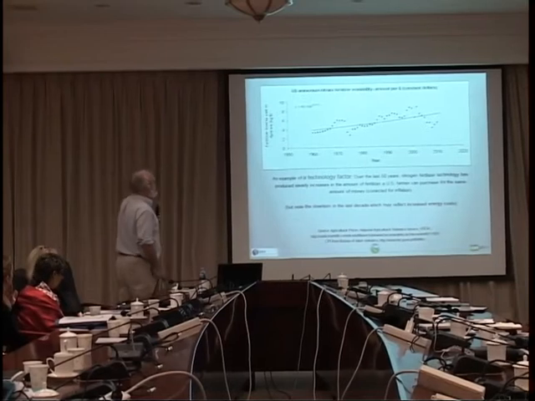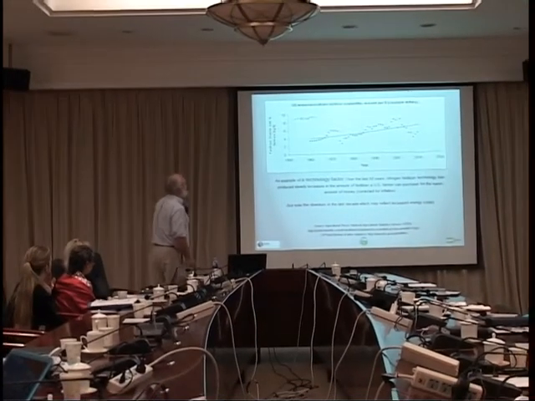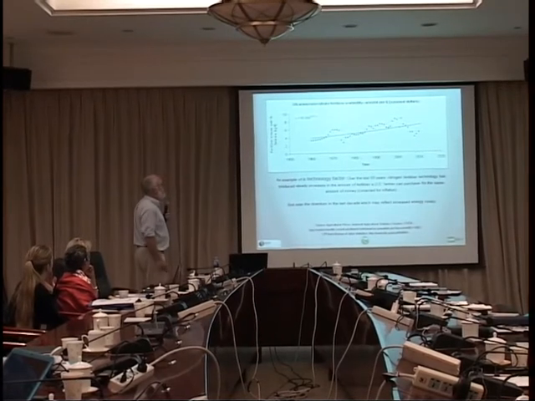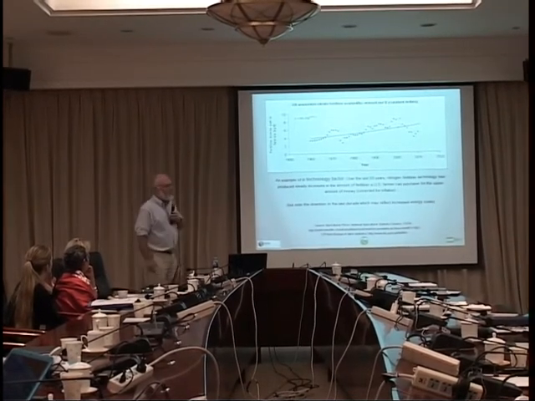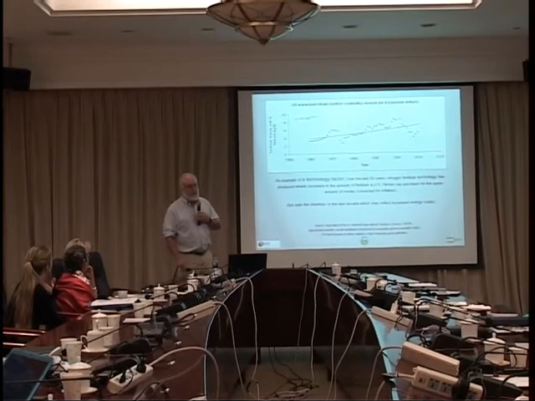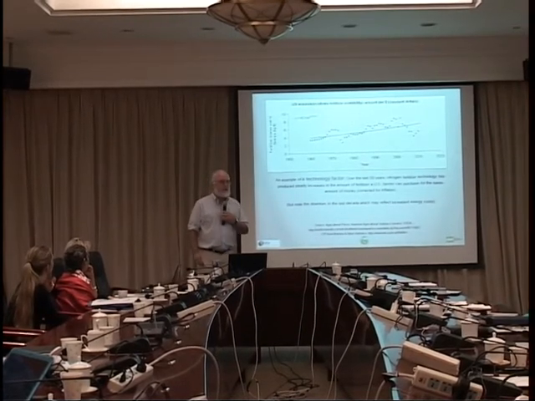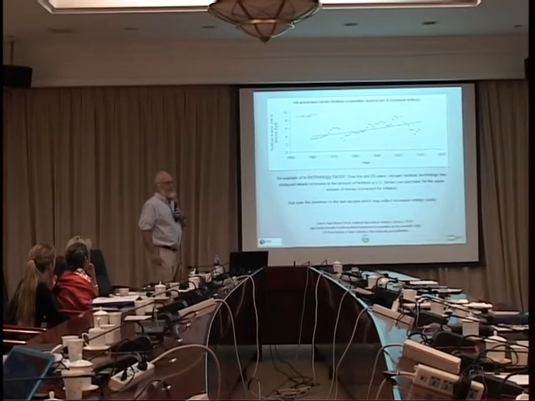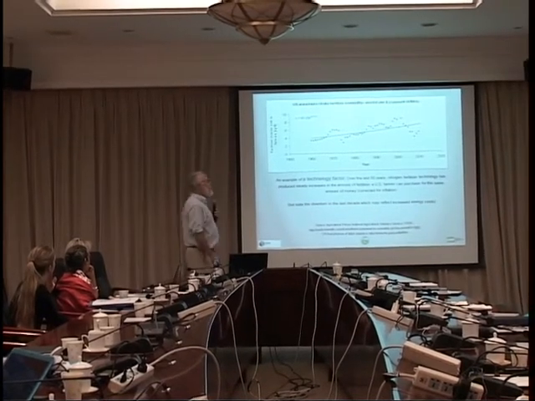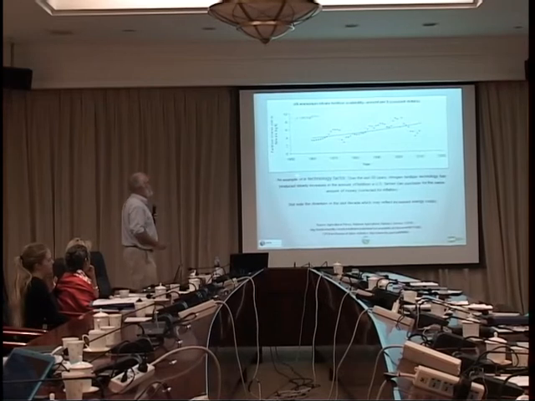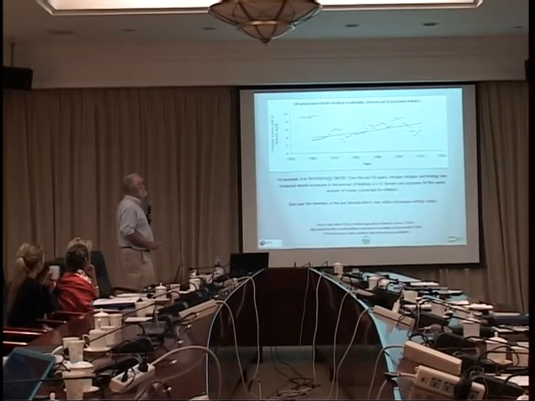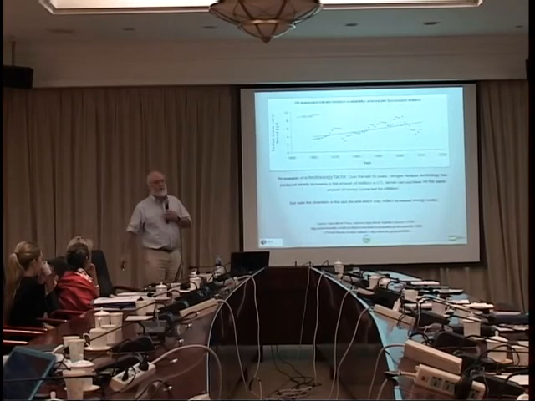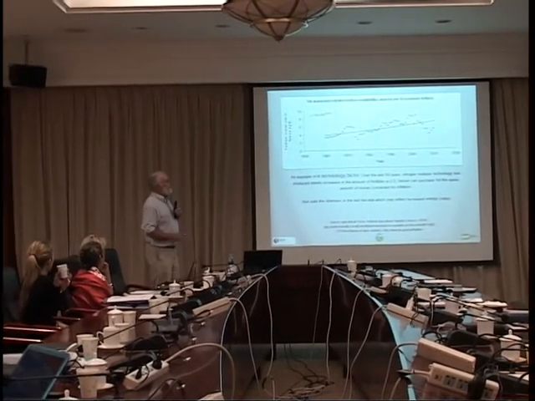Here's an example of a technology factor. In this case, I plotted the amount of ammonium fertilizer that a farmer in the United States can purchase for a given dollar, and the units are kilograms per dollar. What this tells us is that over the last 50 years or so, at least in the US, the trend in the amount of fertilizer that you can buy for a dollar has been going up.